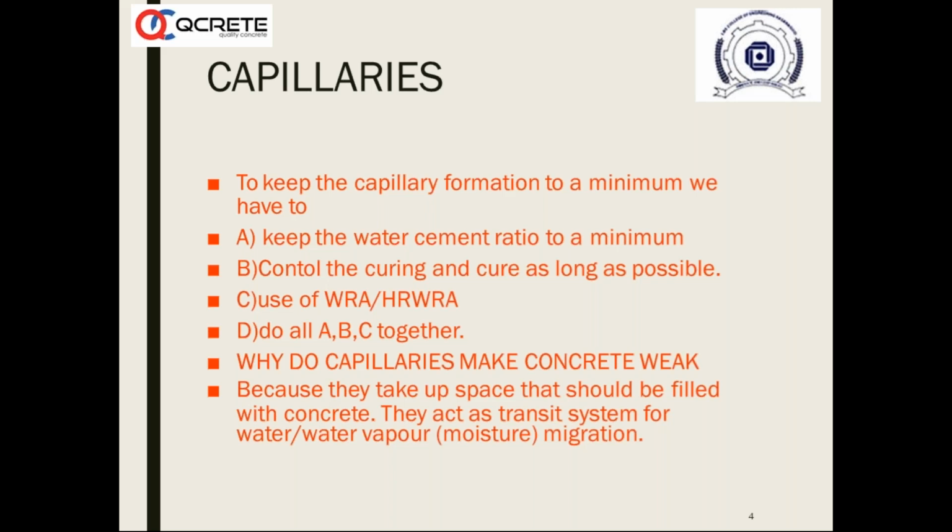So why do capillaries make concrete weak? Already because they take up space. For example, you take steel. Steel has a density of 7.85. The molecules are packed close. The opposite of it is, for example, cotton. The molecules are dispersed actually. Molecules are not held together.